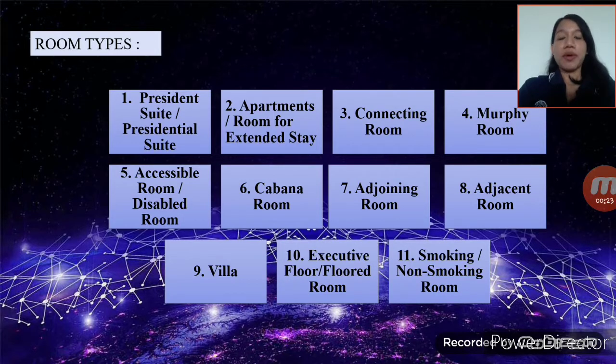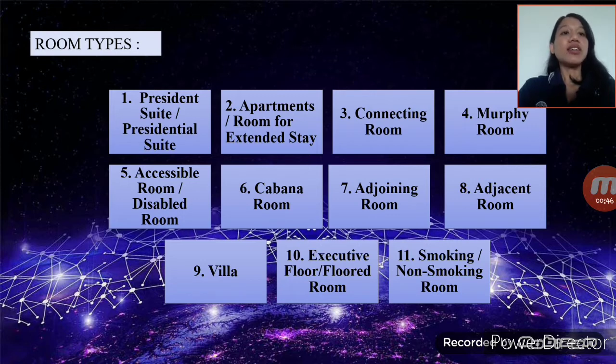Everybody, for your information, half of the room types have already been explained by my friend. Now I would like to continue to explain the other room types. The first is presidential suite. The second is apartments or room for extended stay.